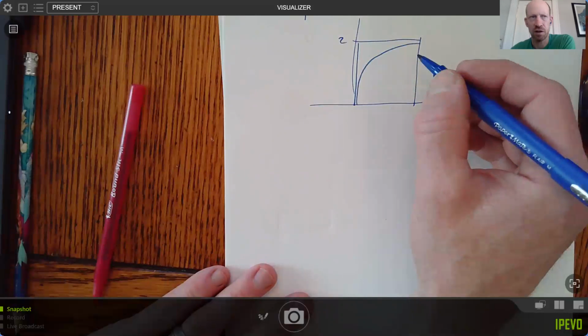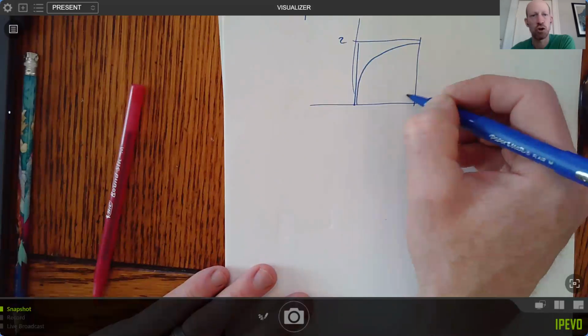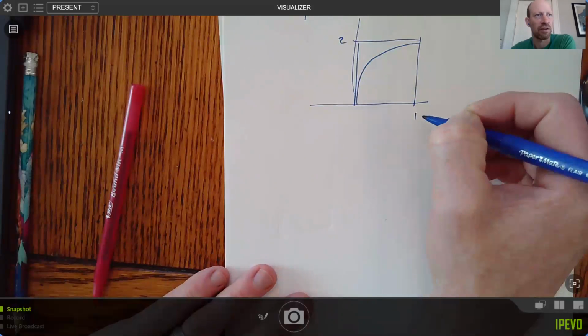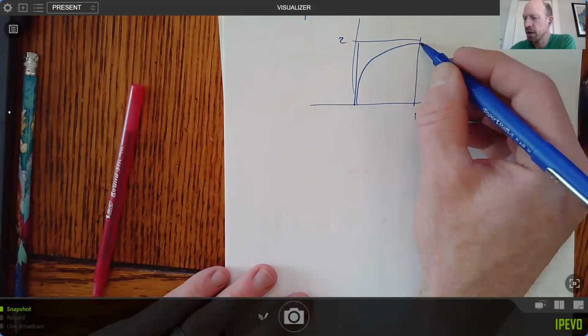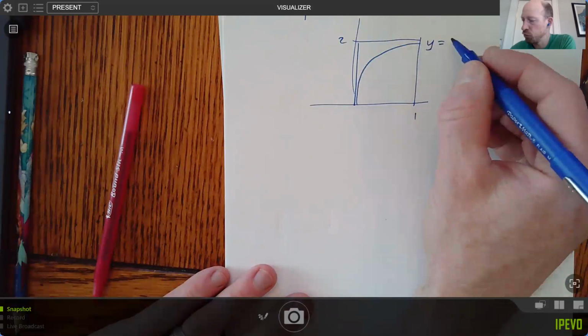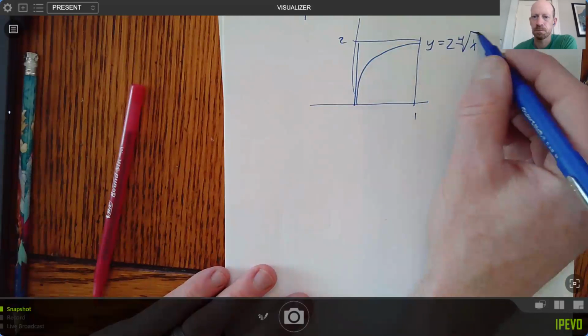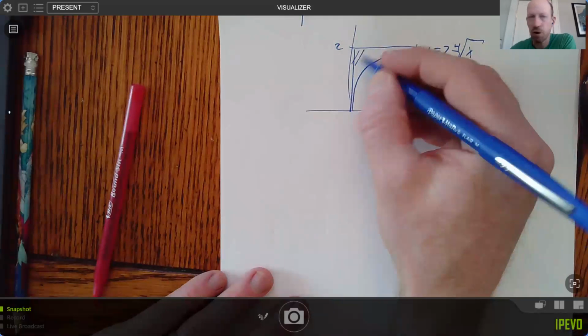The scale's a little funny on the one they give you. It makes it look like a cube, but it's actually a different scale there. And this curve here is y equals 2 times the 4th root of x. So this is my region R2.